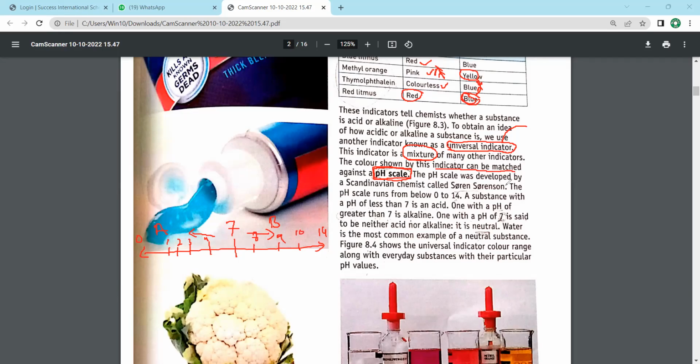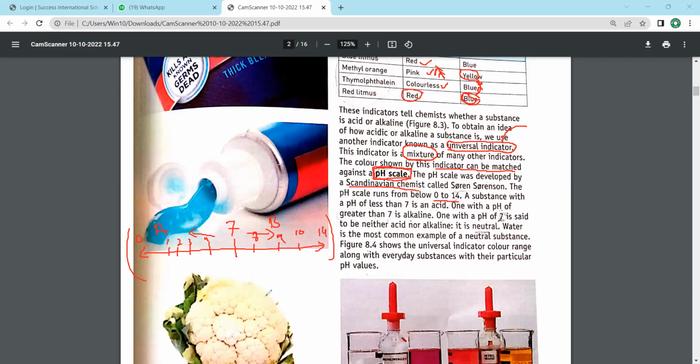Now the pH scale was developed by the chemist called Soren. The pH scale runs from below 0 to 14 as I draw here. This chemist made the scale starting from 0 to 14.